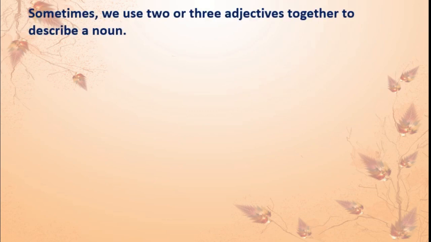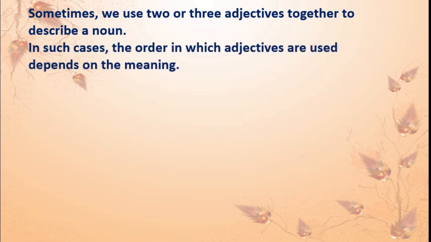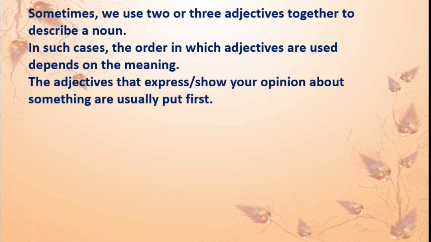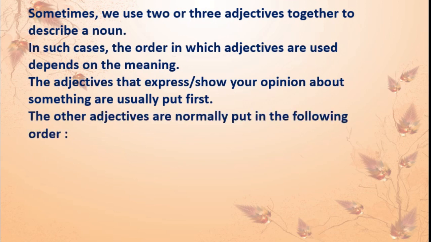Here, this is from your textbook, okay? Sometimes we use 2 or 3 adjectives together to describe a noun. In such cases, the order in which adjectives are used depends on the meaning. The adjectives that express or show your opinion about something are usually put first. The other adjectives are normally put in the following order.